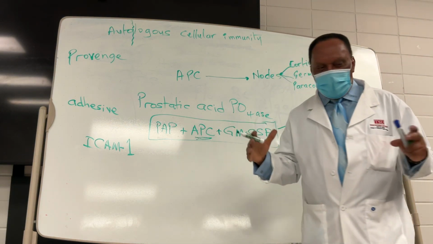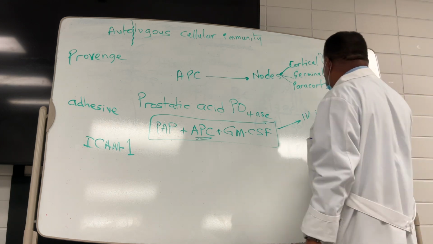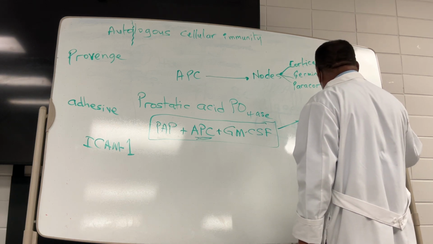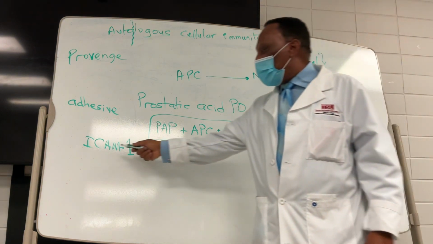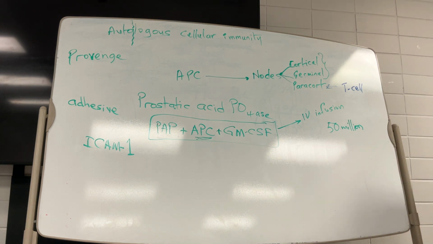Remember, it's the APC that is carrying this antigen. And you will be using about 50 million units of that elaborated or produced ICAM-1, and that's what will be diluted in 250 cc's of your Ringer's lactate or lactated Ringer's solution.